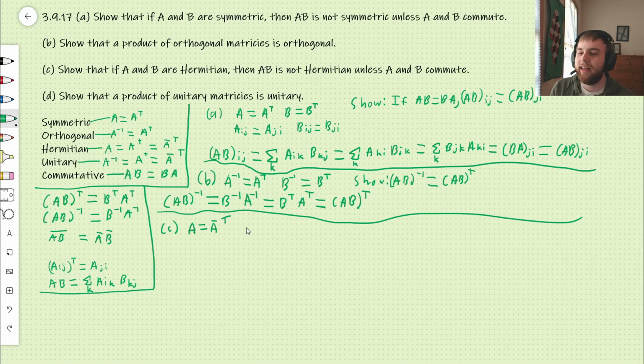And B, similarly, is equal to the conjugate's transpose of itself.